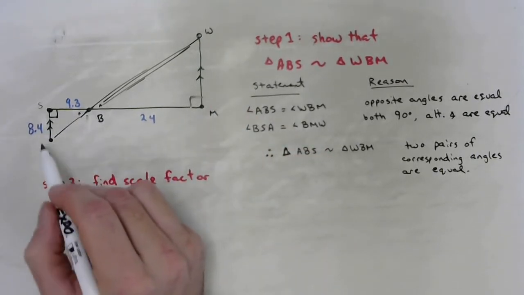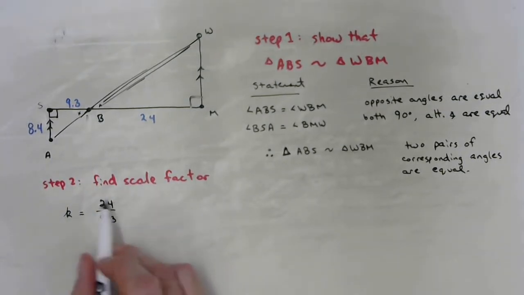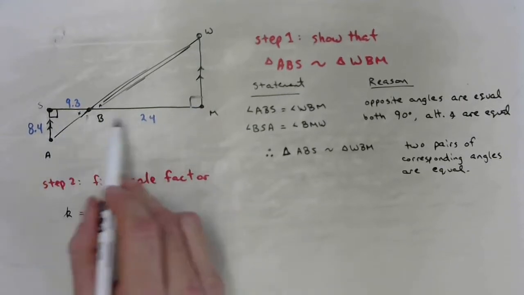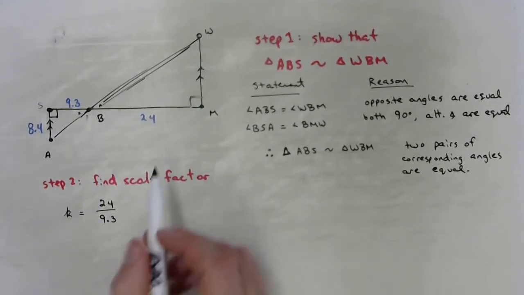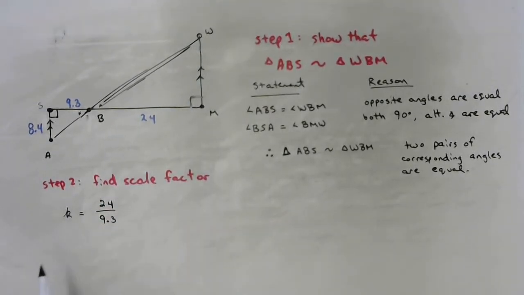AS, 8.4. So this scalar factor, the relationship between these side lengths, is the exact same as the relationship between these side lengths. This is our scalar factor. I'm not going to divide that out or simplify it at all. I've got decimals here, and it'll just be more decimals, so I'm going to leave it like that because I want the exact value.